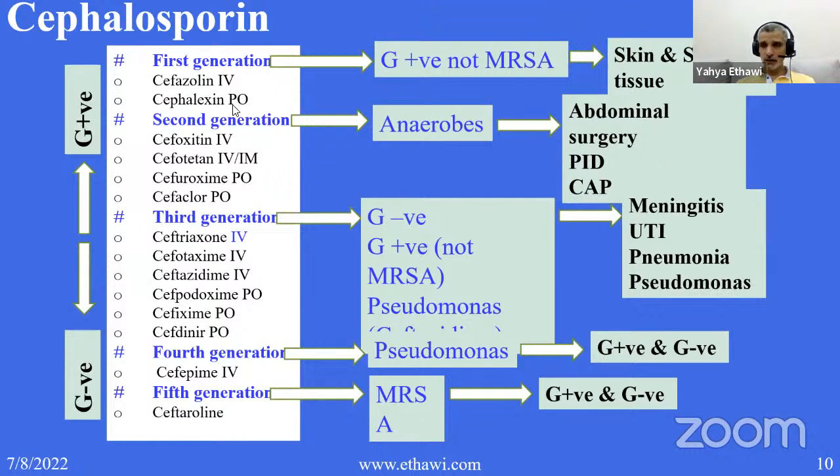In the first generation, we have two types: cefazolin, which is IV, and cephalexin, which is oral. They work very well for gram-positives, but they have no effect on MRSA. So remember that.